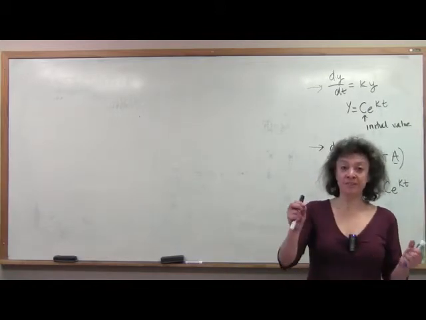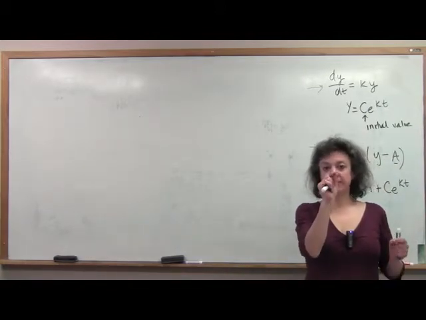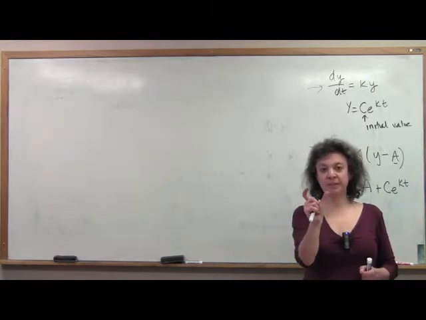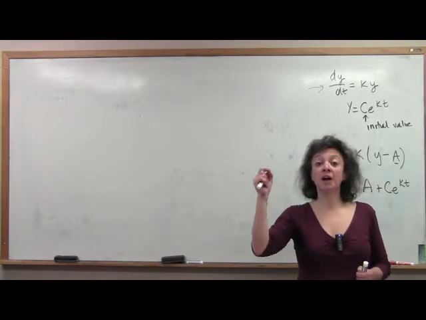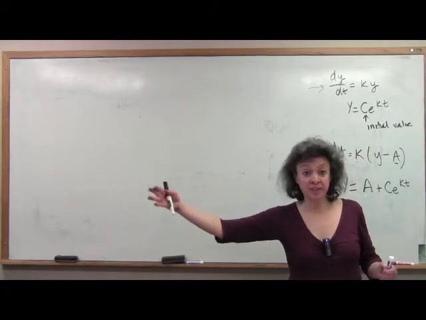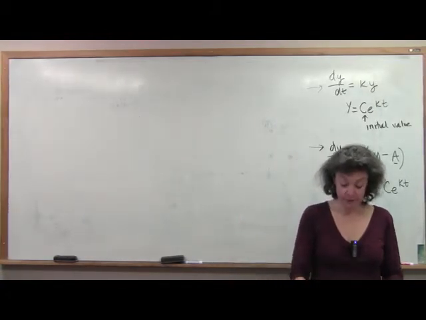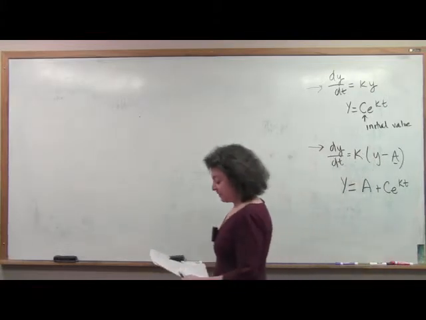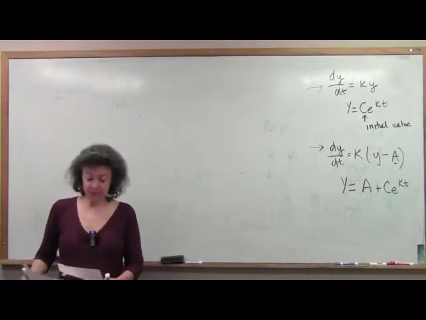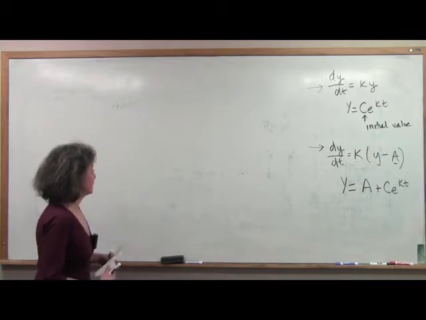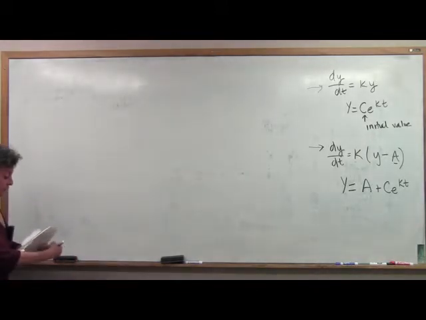At first, the difference between the temperature of the soup and its surroundings is great, so it's going to cool off fast. But as time goes on, the rate at which it cools slows down. So this is a really common way to look at this sort of differential equation.